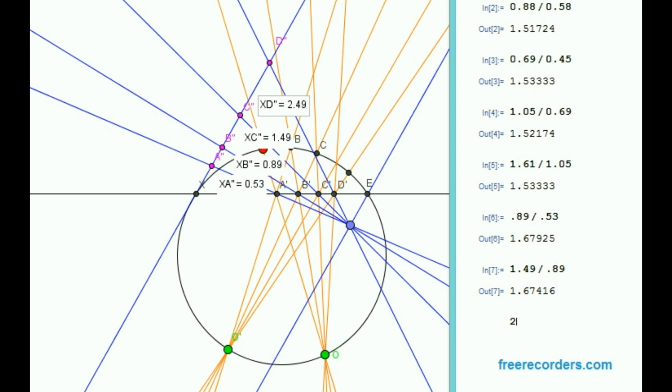And similarly, 2.49 divided by 1.49, again the same number. So we have this very interesting thing that to get the next point on the sequence, we find out how far away the current point is from X, and then we multiply it by a given sort of constant ratio.